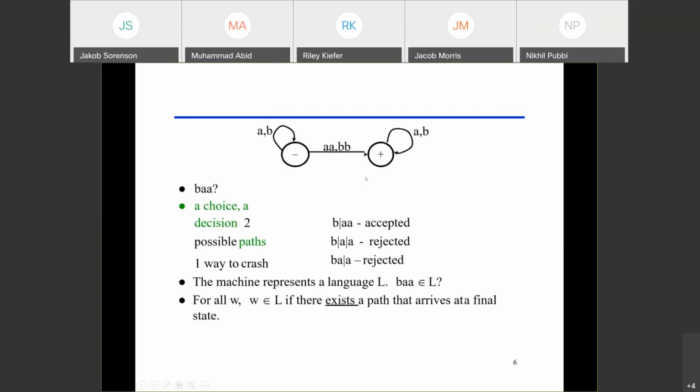Now if you see this, the question is: is this a valid FA or not? Jacob Sorensen, is this a valid FA or not? Oh, we cannot hear you.